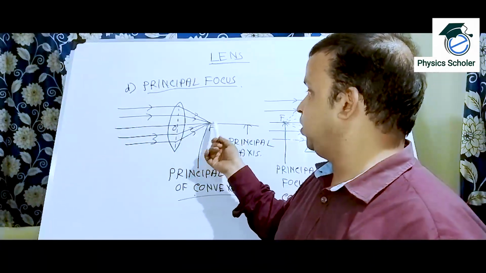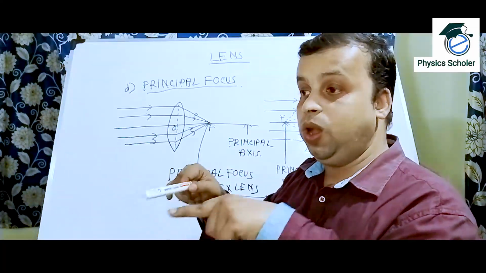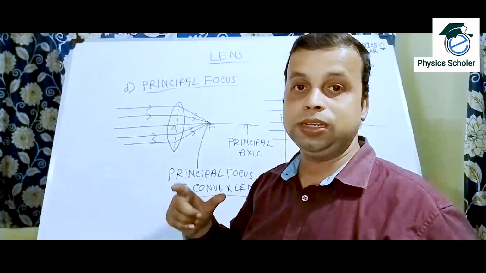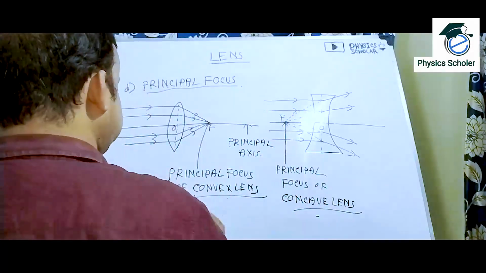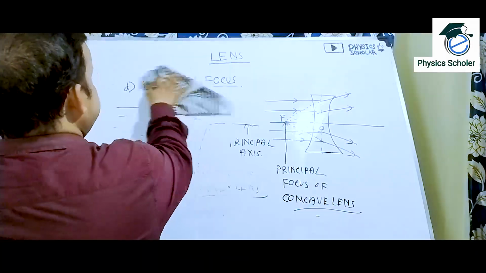So the point on the principal axis at which the rays actually meet or appear to meet is known as the principal focus of that particular type of lens. I hope the concept is clear. What is principal focus?